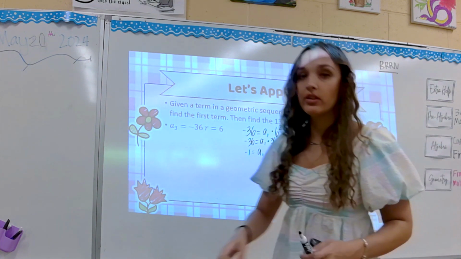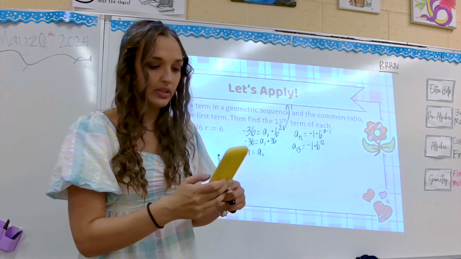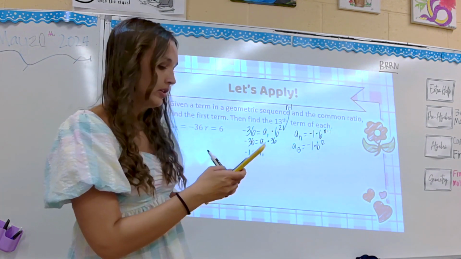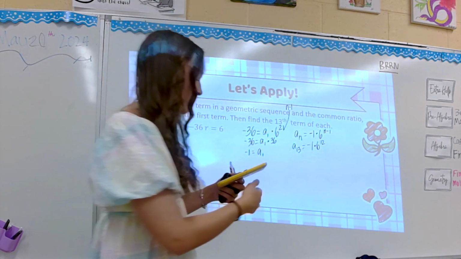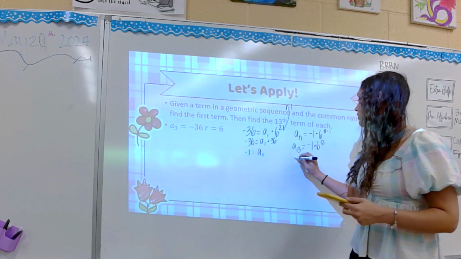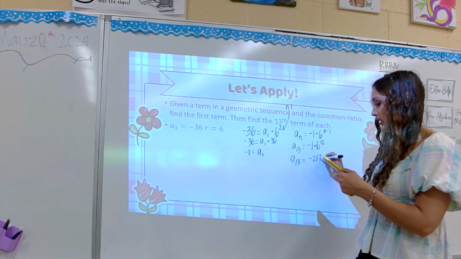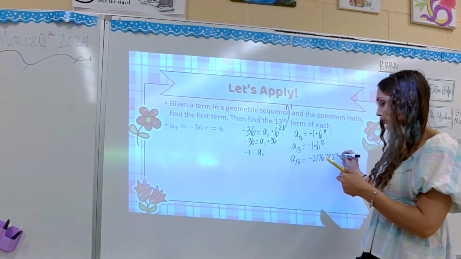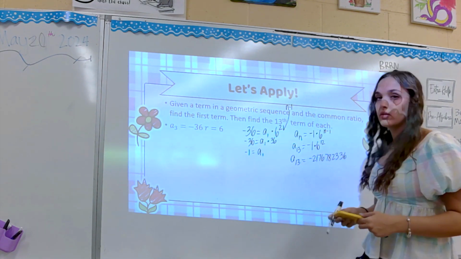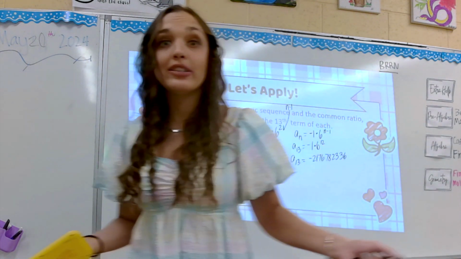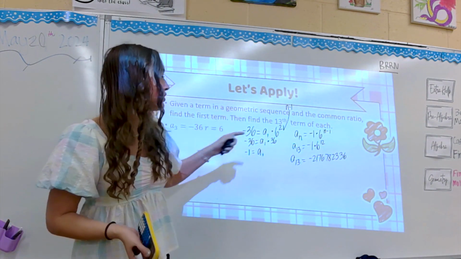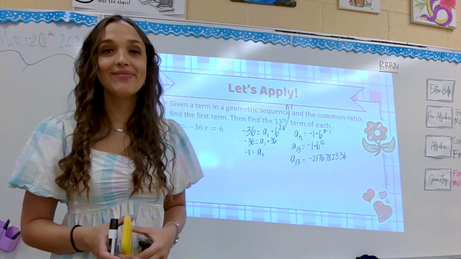I'm going to put that in my calculator. 6 to the 12th power times negative 1 gives me my 13th term is negative 2,176,782,336. And quick, easy shortcut to be able to find the 13th term.